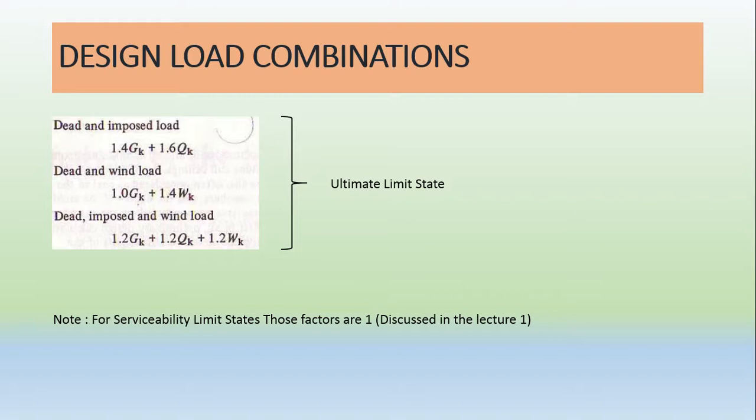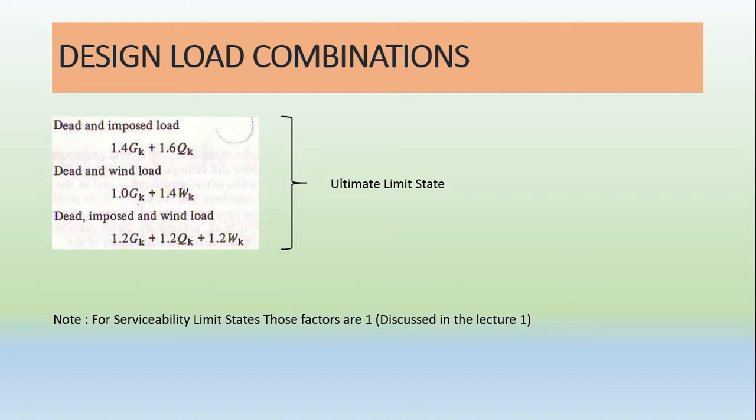For serviceability, the factors we use are 1 for each when adding dead and imposed loads. I discussed this in my first lecture. For the ultimate limit state, we multiply the dead load by 1.4 and add it to the imposed load multiplied by 1.6.